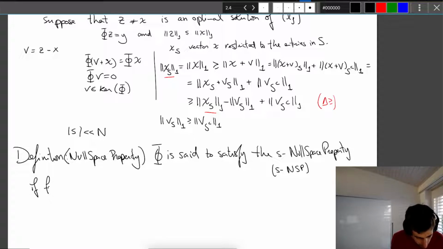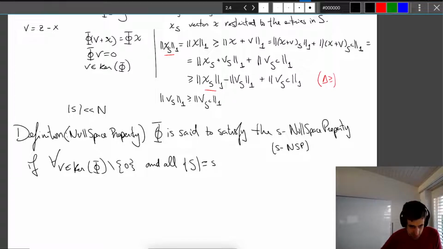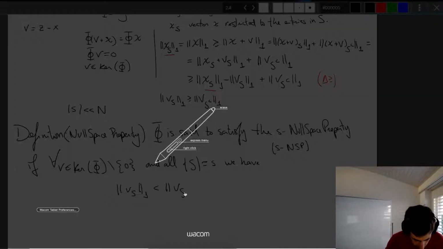if for all v non-zero in the kernel, the null space of phi, that are not zero, I don't care about zero, and all sets S whose size is S, and of course smaller, since if it satisfies it for all sets of size S, it will also satisfy it for smaller ones, we have that the L1 norm in S is smaller than the norm in S complement.